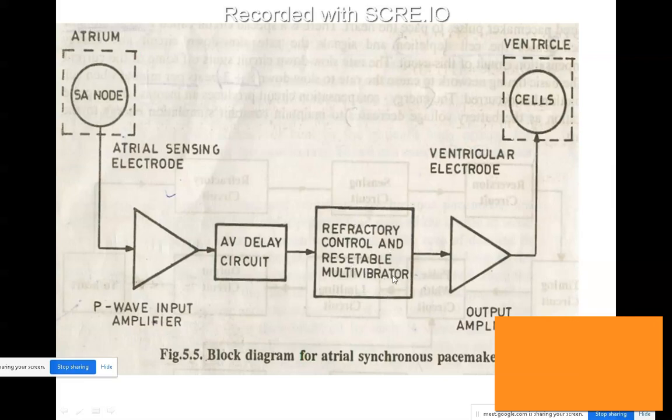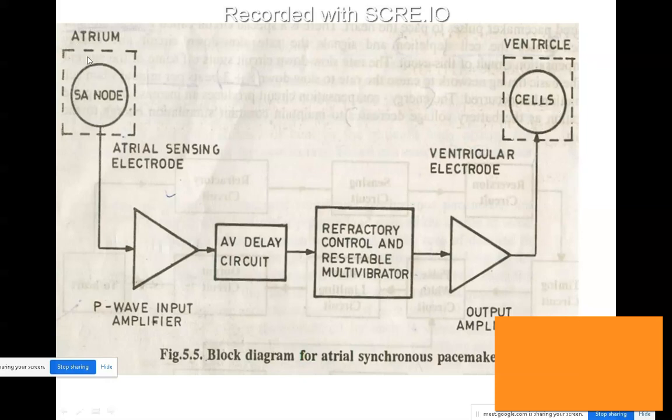Here the multivibrator is used for providing the reset signal for a refractory time period, and then it is given to the output amplifier, and then to the ventricular electrode, which will be placed on the ventricular part of the heart.